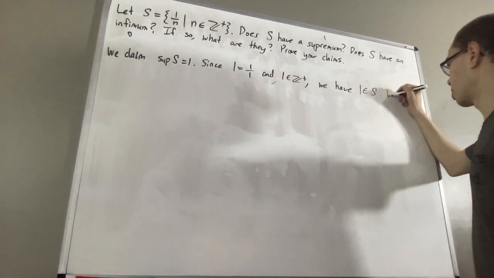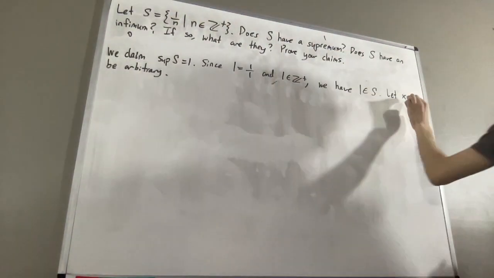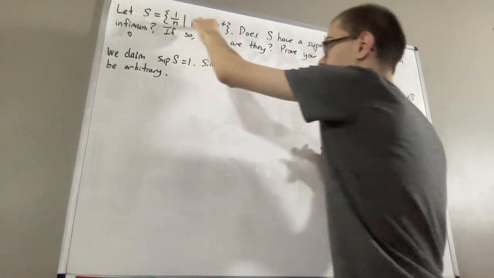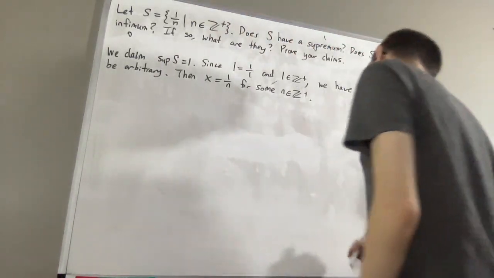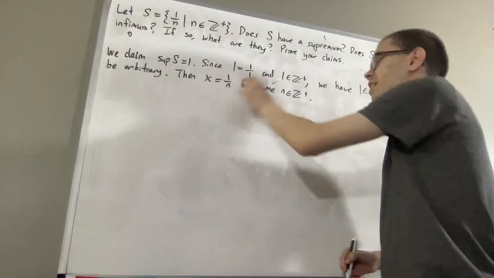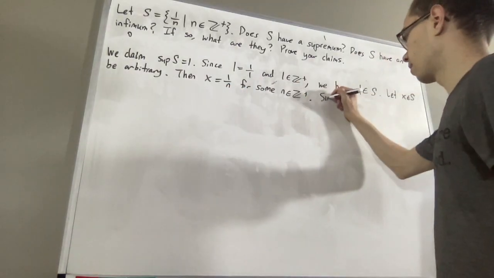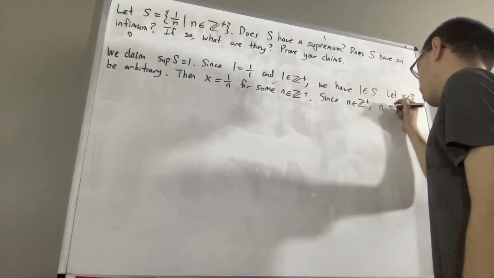So let's give ourselves an arbitrary element, x in S. Well then, by definition of S, for x to be an element of S means that x is equal to 1 over n for some positive integer n. So we're essentially trying to show that 1 over n is less than or equal to 1. Well, since n is a positive integer, we know that n is greater than or equal to 1.